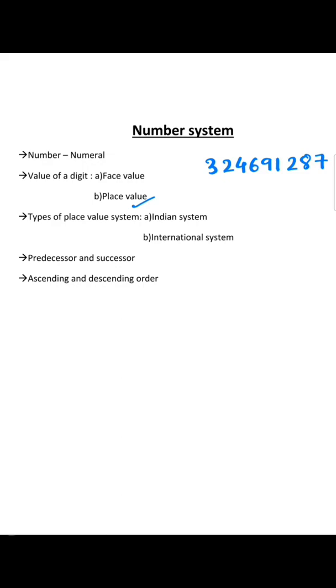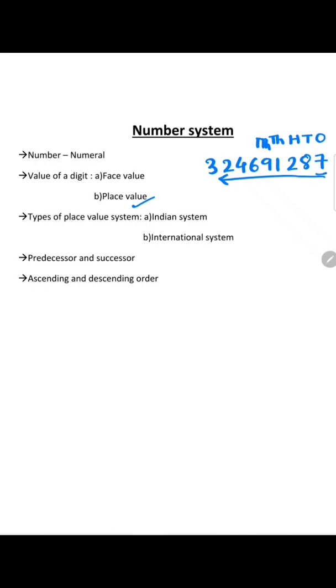Usually what we will do, we will tell this is ones place, this is tens place, this is hundreds place, this is thousands place, this is 10,000s place. We will give the number from right side to the left side.